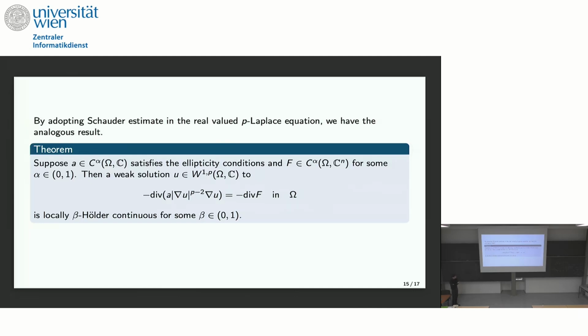Already there are many experts here, so I'm not going to say any details. But we can follow exactly the same argument as in the real valued theory, and we conclude that if coefficients are additionally Hölder continuous and source terms are Hölder continuous, then the weak solution is locally Hölder continuous.